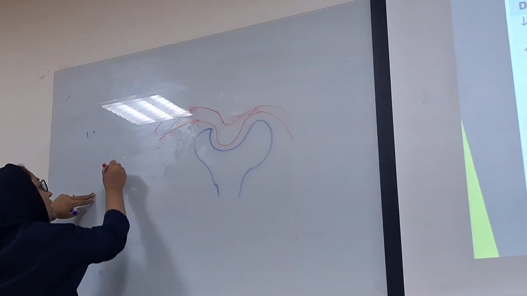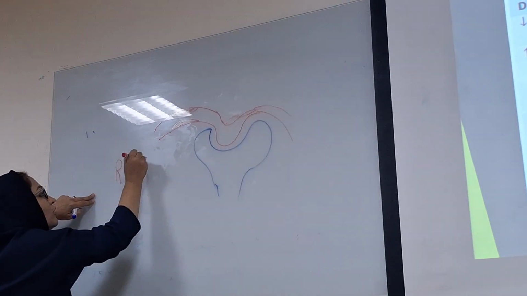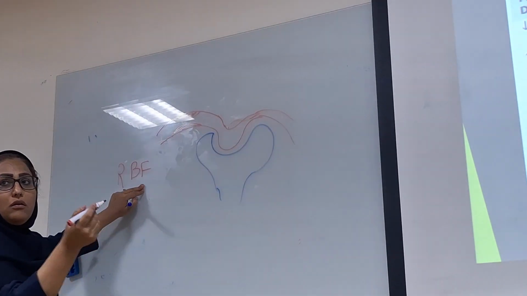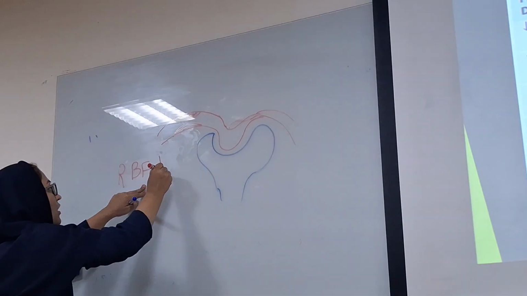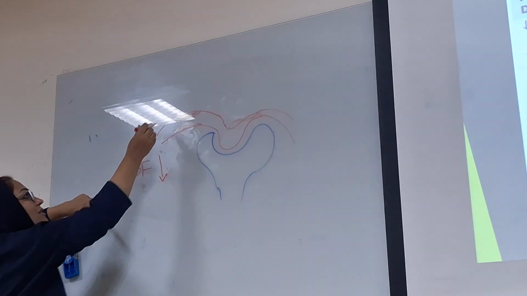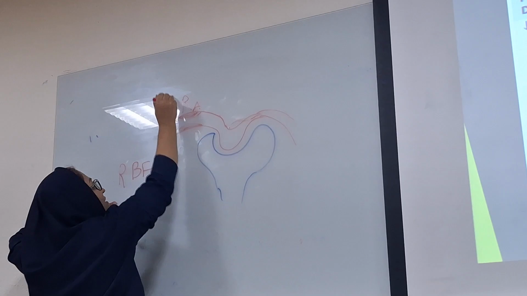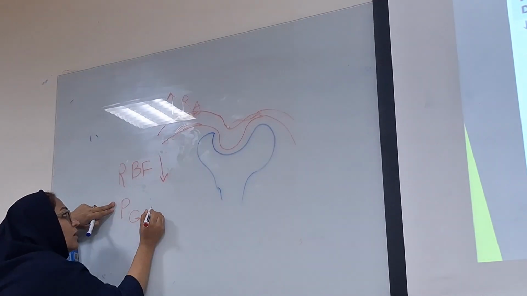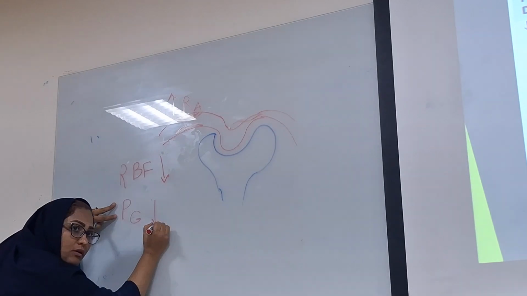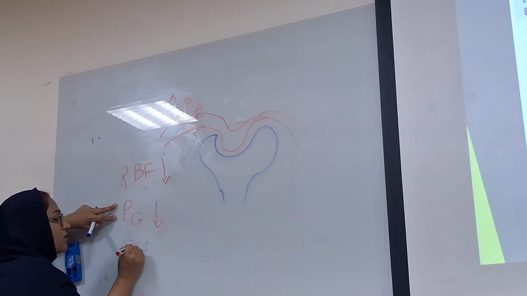What happens for renal blood flow or plasma flow? It decreases. What happens for PG when the resistance of the afferent arteriole increases? It decreases. And GFR decreases.